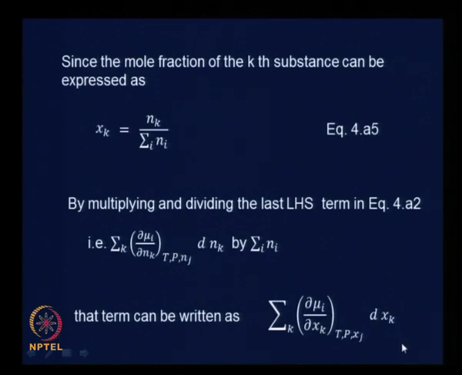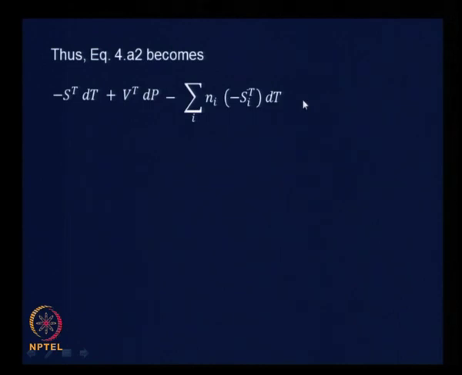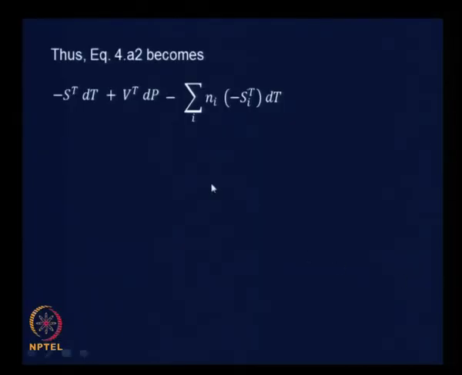If we write this in terms of mole fractions and substitute into 4a2, that would become minus St dt plus Vt dp. Now this is where we substitute the relationships obtained from the reciprocity relationship as operated on the Gibbs-Duhem equation. Remember, we got the partial molar entropy and the partial molar volume.